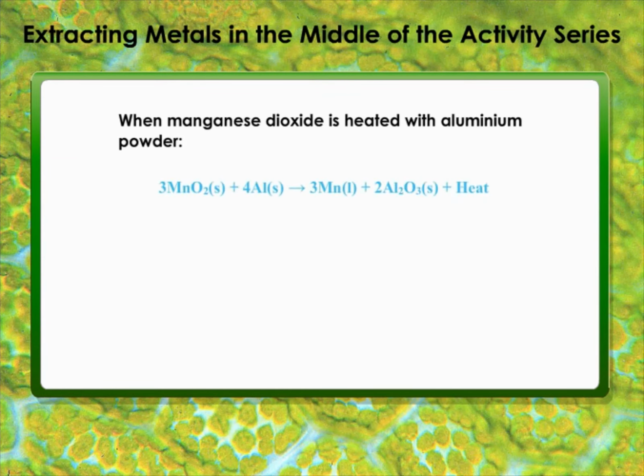Besides using carbon, coke, to reduce metal oxides to metal, sometimes displacement reactions can also be used. The highly reactive metals, such as sodium, calcium, aluminum, etc., are used as reducing agents because they can displace metals of lower reactivity from their compounds. For example, when manganese dioxide is heated with aluminum powder.